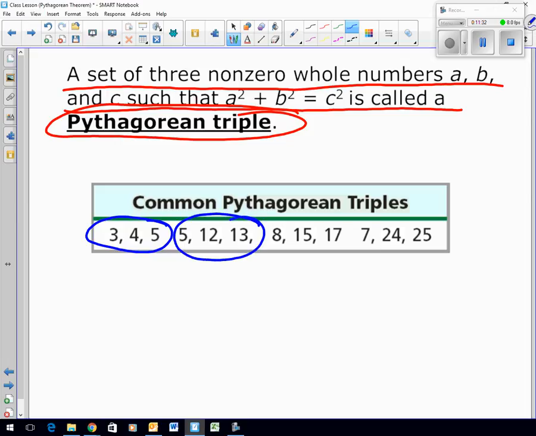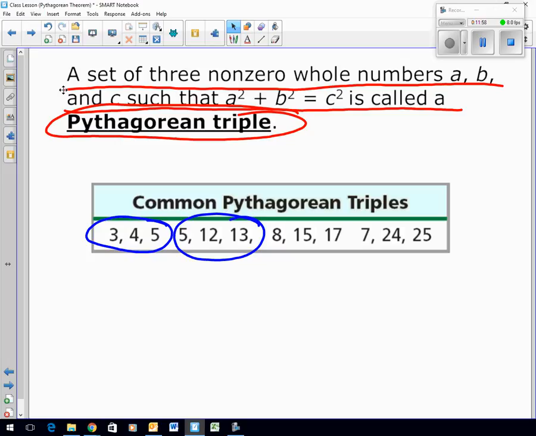Another common example of Pythagorean triples would be 5, 12, and 13. 5 squared, 25, plus 12 squared, 144, equals 13 squared, 169. 25 plus 144 equals 169. So we call those Pythagorean triples.